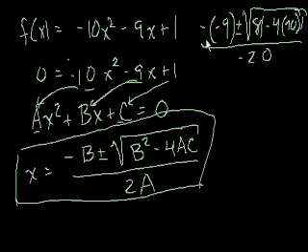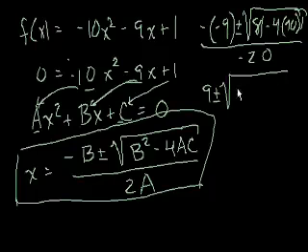So let's simplify that. Negative times negative 9, that's positive 9, plus or minus the square root of 81. We have a negative 4 times a negative 10, times 1. I know it's very messy, I really apologize for that. So negative 4 times negative 10 is positive 40.